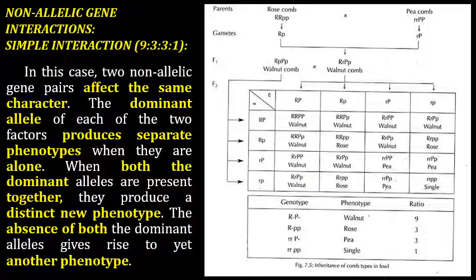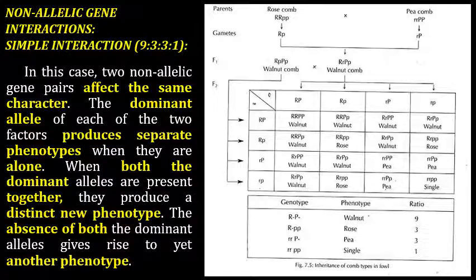In this particular non-allelic gene interaction, there are three different types: simple interaction, complementary gene interaction and supplementary gene interaction. The first type, simple interaction, gives the ratio 9:3:3:1.